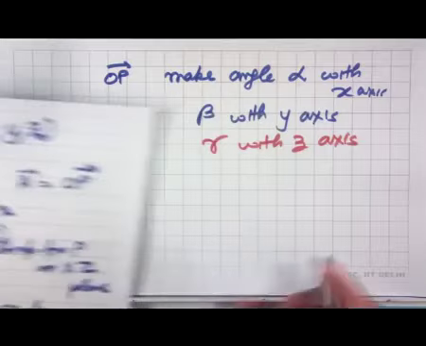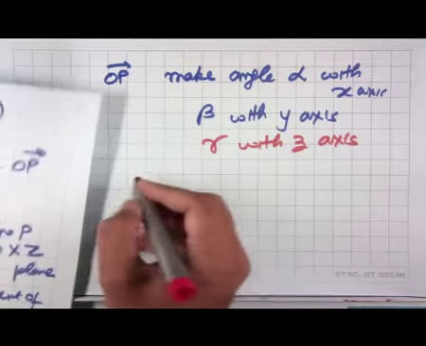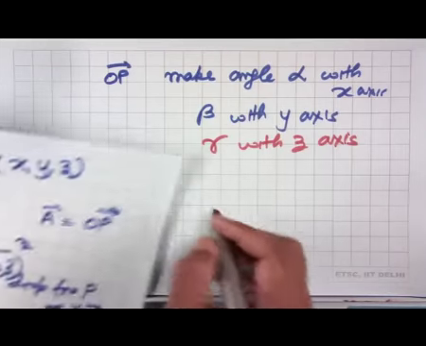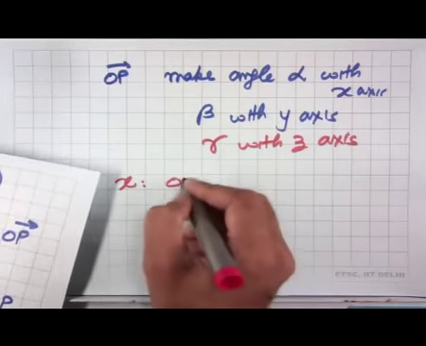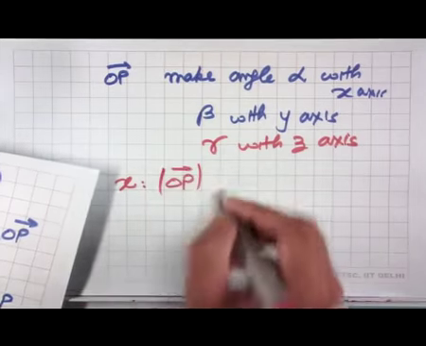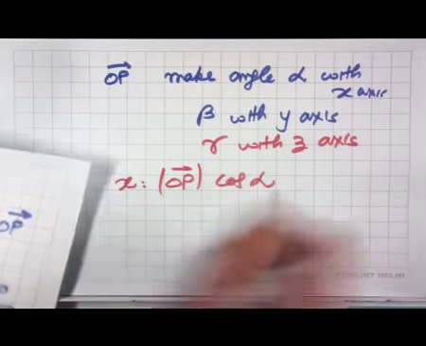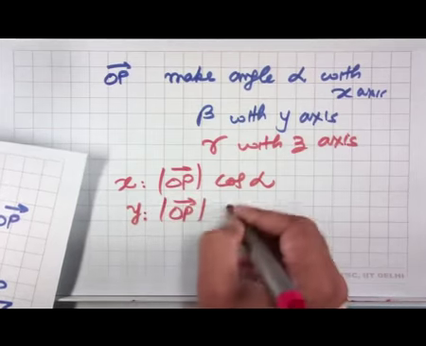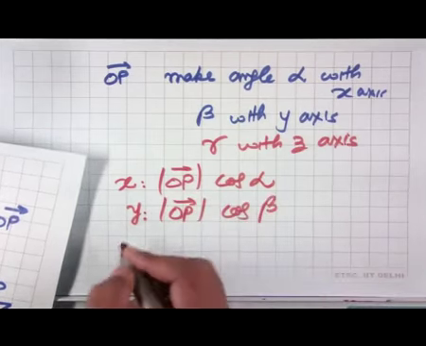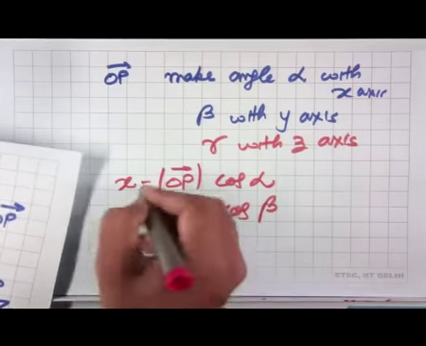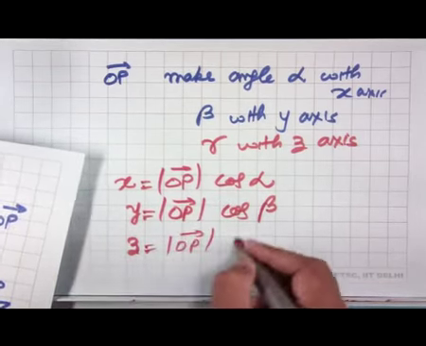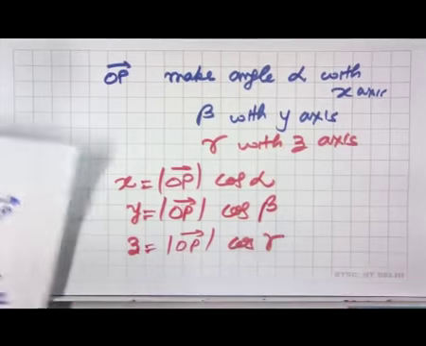Then what we have is the x component will be equal to magnitude of OP cosine alpha, the y component will be magnitude of OP cosine beta, and the z component will be equal to magnitude of OP cosine gamma.